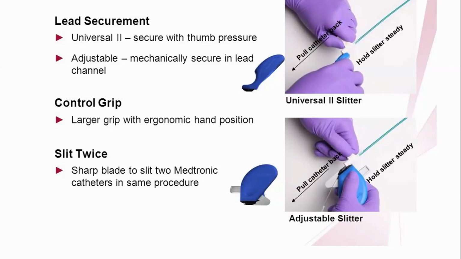It's important that before you do this, you are familiar with the mechanism. In one type of splitter, you hold the lead between your thumb and the splitter, and in the other type, you lock the lead with a locking mechanism and you don't press anything. So it's very important to be familiar with both.